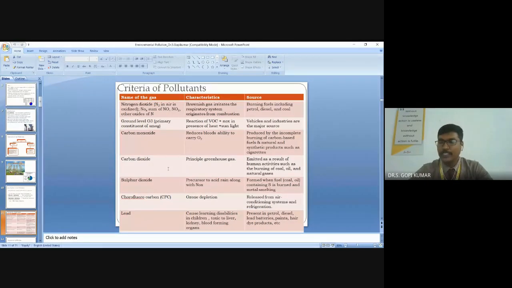As we use a lot of electronic equipment, emissions come from those, such as mobile phones and refrigeration. Their corresponding sources were given, such as burning fuel, vehicular emission, human activity, refrigeration, lead batteries, and paints. These are the root causes of pollutant emission.